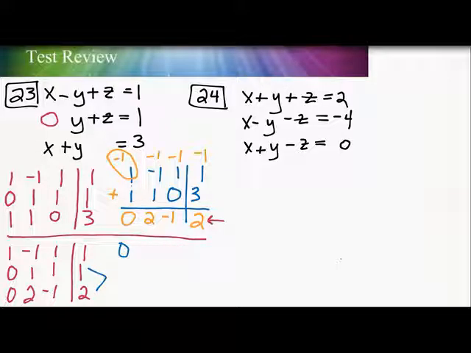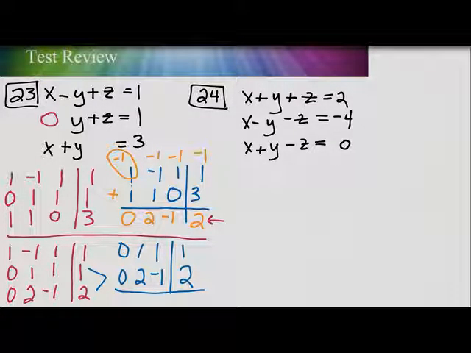So I'm going to take the 0, 1, 1, 1, and then the 0, 2, -1, 2. And now I'm going to do elimination on those two rows. I'm going to multiply by -2 on the top row. What I'm doing is making a 0 in the second column this time.